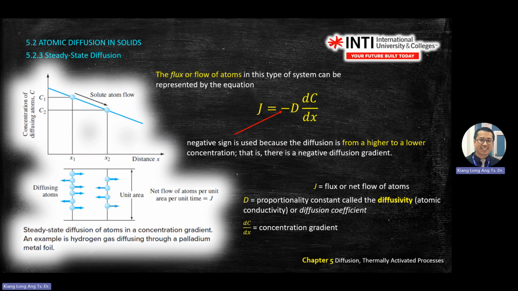Okay. The negative sign there is because the diffusion goes from higher to lower concentration, and this is a negative diffusion gradient. So in this sense, you get a negative there.